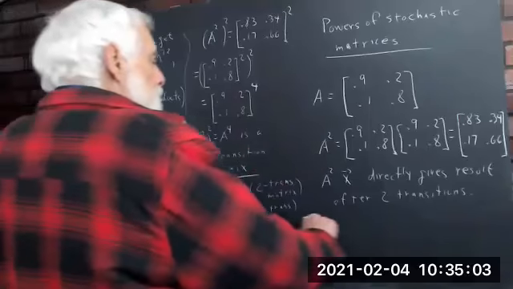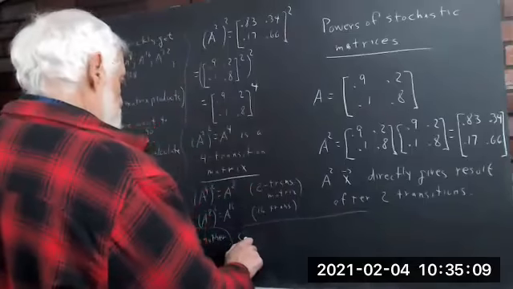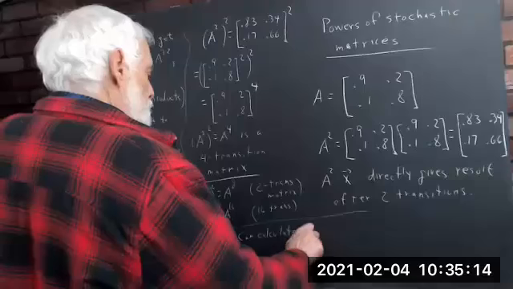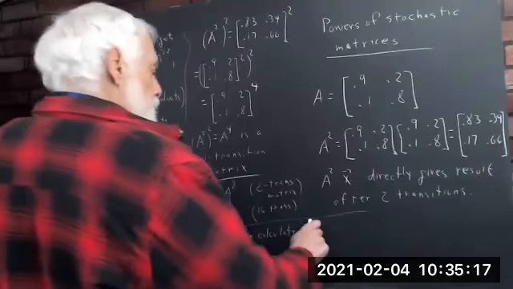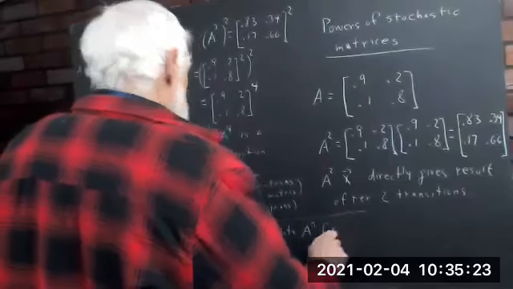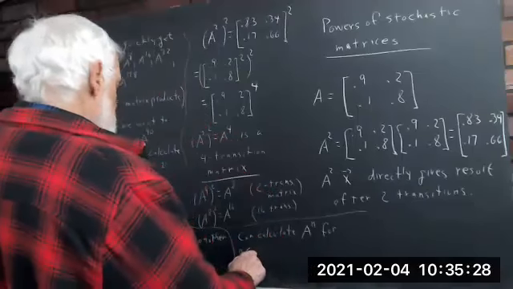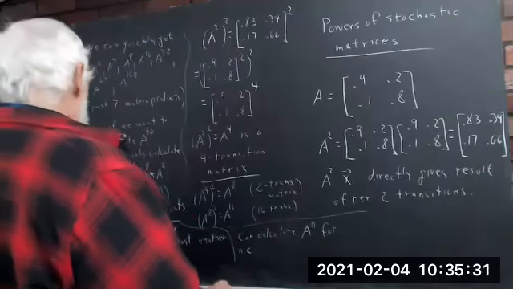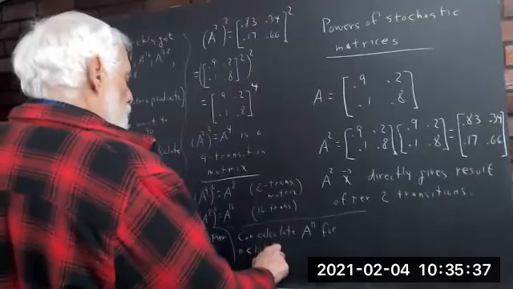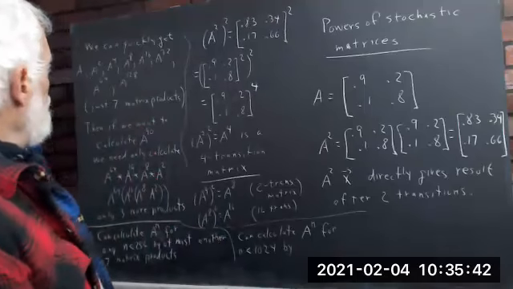Even better, we calculate A to the n for n less than 1024 by... well, you just think about it.